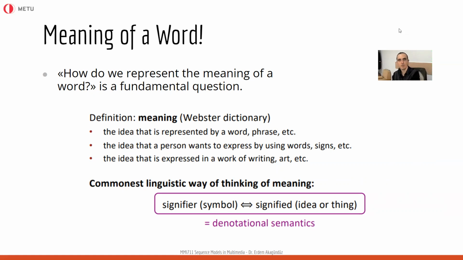What is the meaning of a word? Because we are tokenizing the language with words, what those individual tokens represent was the most common linguistic way of thinking about meaning. That meaning is important because we are going to bring it into a definition of similarity between the tokens, right?